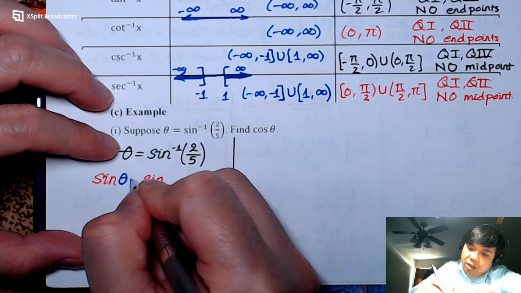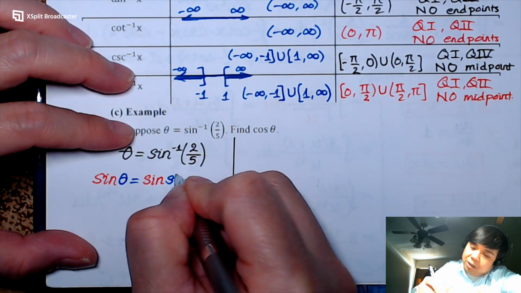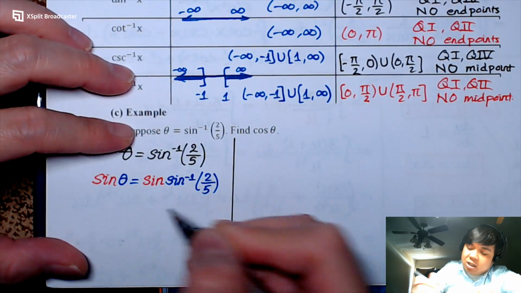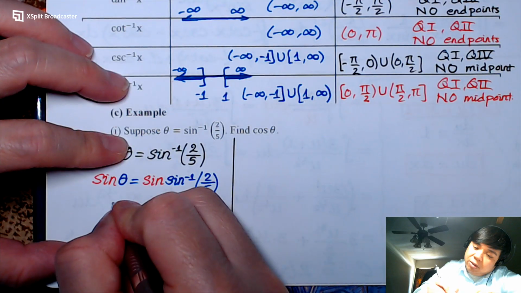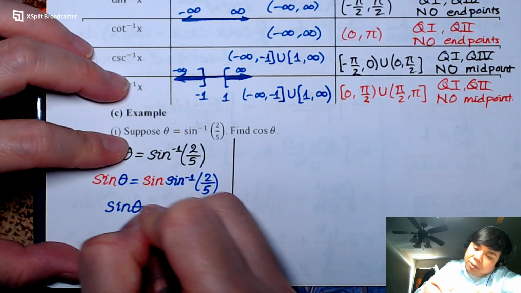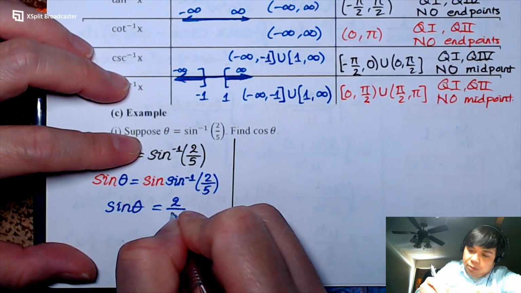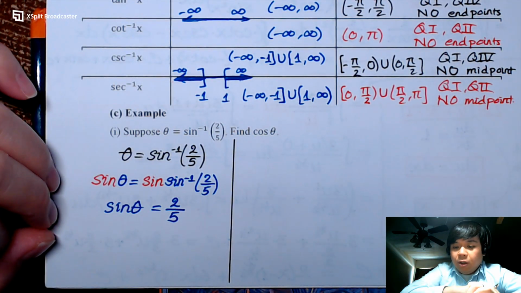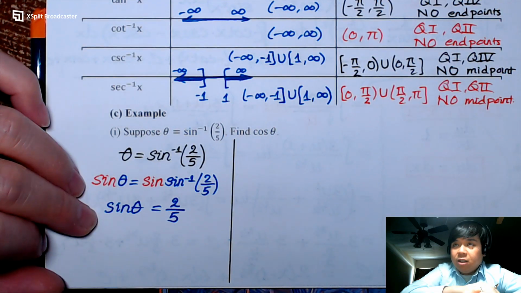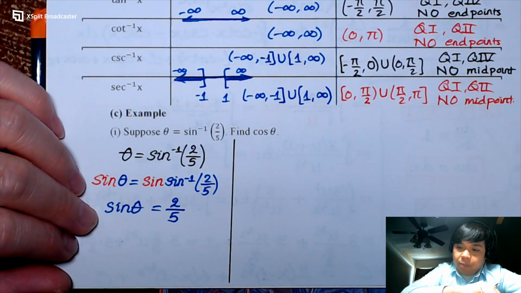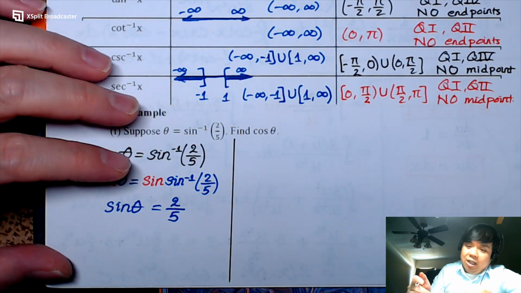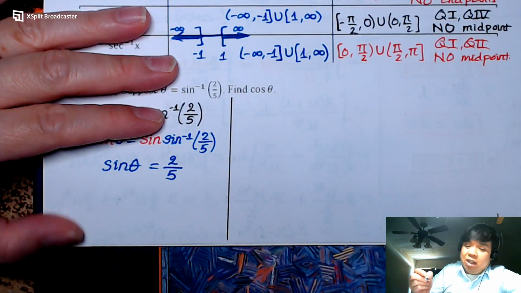So take the sine on both sides, and sine inverse cancels out. Okay, so we have that. And then we have sine. Now how do we get cosine? Well, actually that's very easy now. If we draw a triangle.